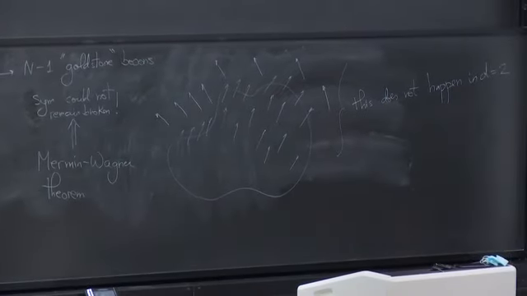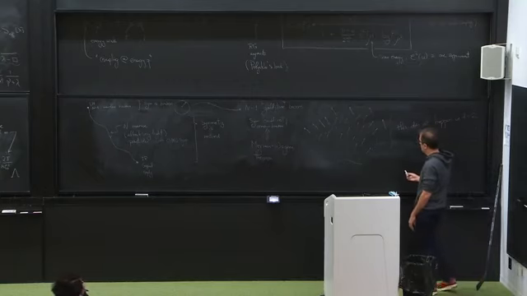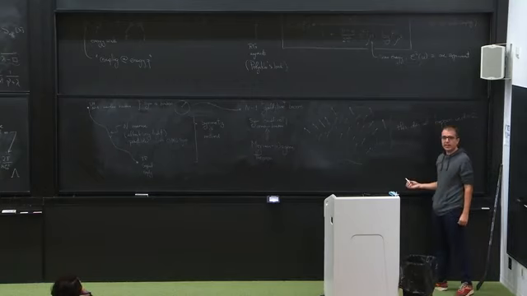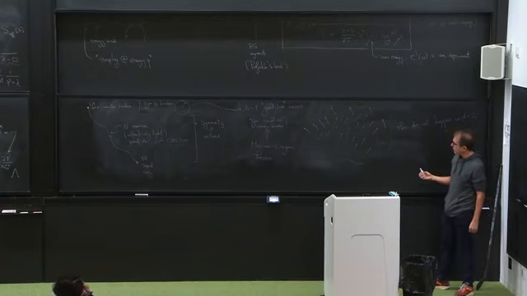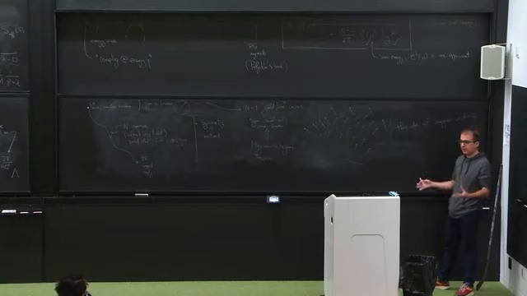Let's see if this could happen in D equals 2. So in D equals 2, now let's think from a statistical mechanics point of view, right? Suppose we want to ask if these configurations could dominate the partition function and could be relevant in the partition function.